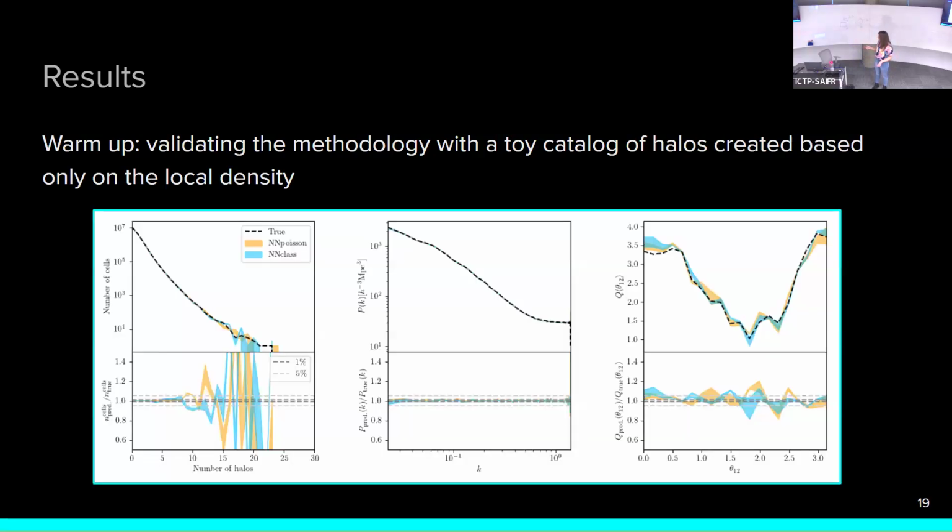This is just to say that in this case, the method works very well. These are two types of neural network, and remember, I'm only fitting this. Because the dependency is very clear and is accounted for in the neural network, I can reproduce very well the abundance of halos and also the correlations, higher order statistics. This is a power spectrum and this is a configuration of the bispectrum.